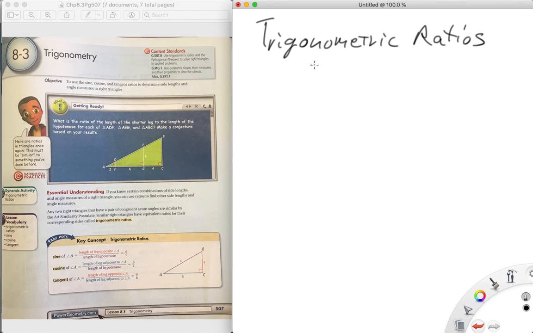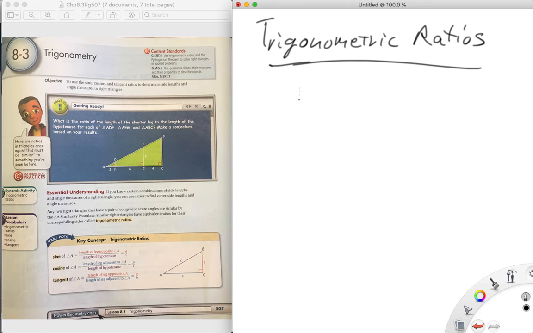Trig meaning triangles. Measure, right? Geometry, measure of ratios, fractions, basically. So when we talk about trigonometric or trig ratios, everything stems from the base, which is a right triangle.